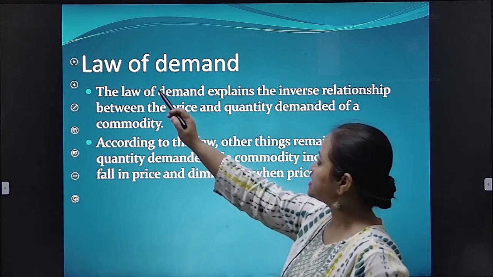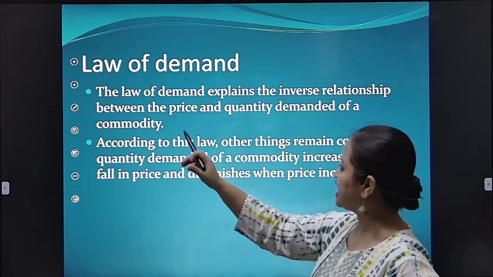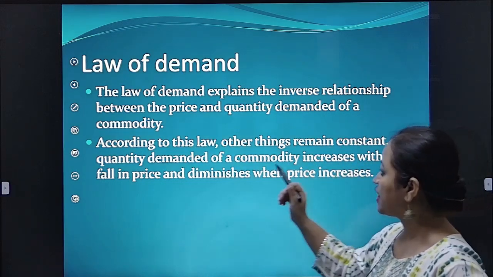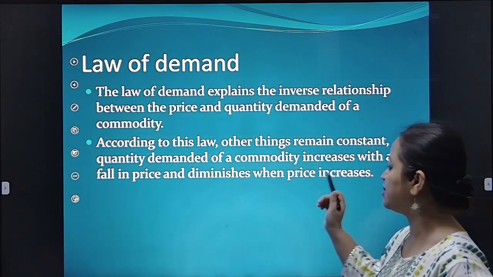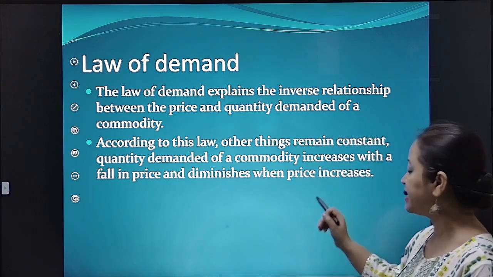So here, what is the law of demand all about? Fine. So the law of demand says, other things remaining constant, the quantity demanded of a commodity increases with a fall in price and diminishes when price increases.